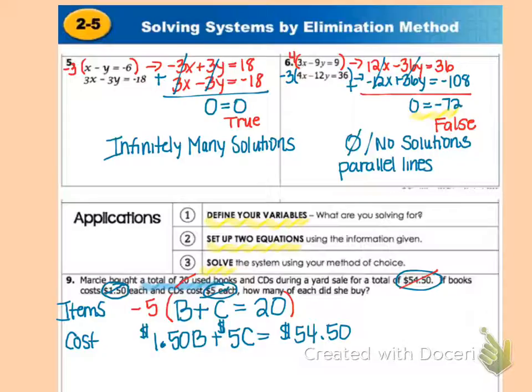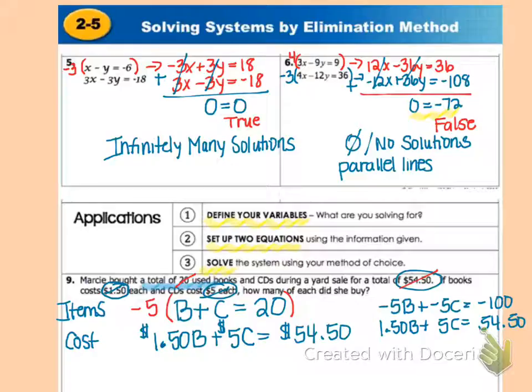So if I did that, my new top equation would be -5B plus -5C equals -100. And that bottom equation will stay just the same: 1.50B plus positive 5C equals $54.50.